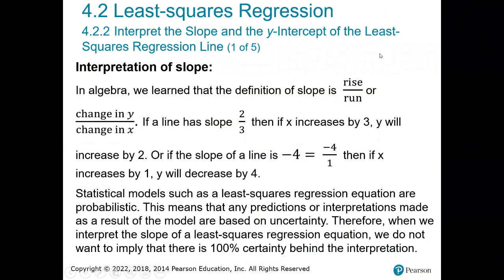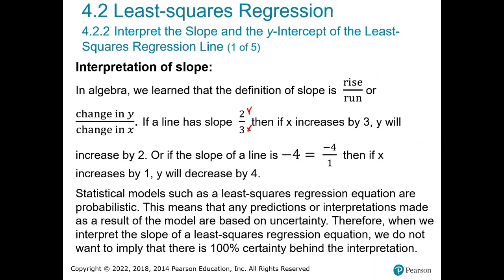The last thing we can do is interpret our slope and interpret the y-intercept. From algebra, we know that slope is rise over run, or the change in y over change in x. So if we had a slope of 2/3, this is the y, this is the x. If x increases by 3, y would increase by 2.